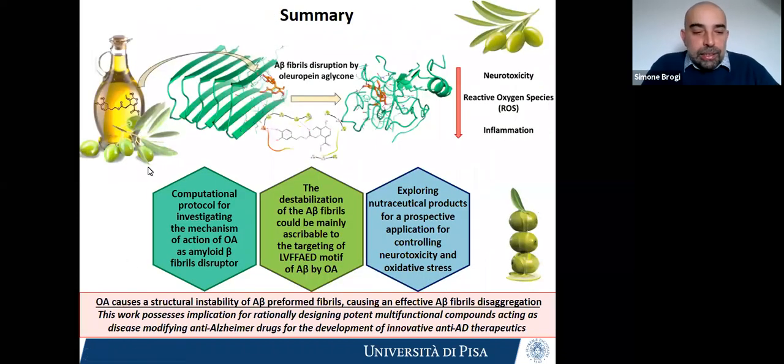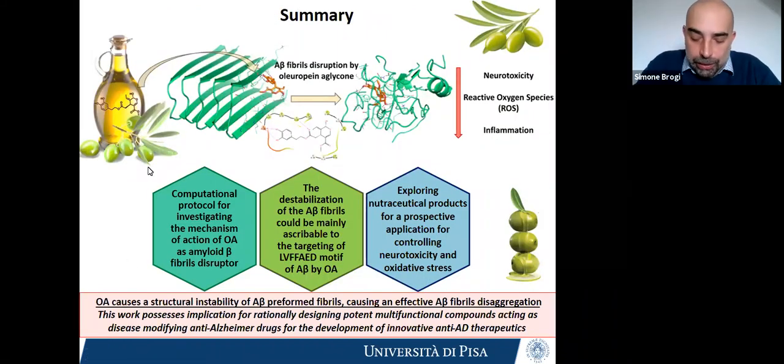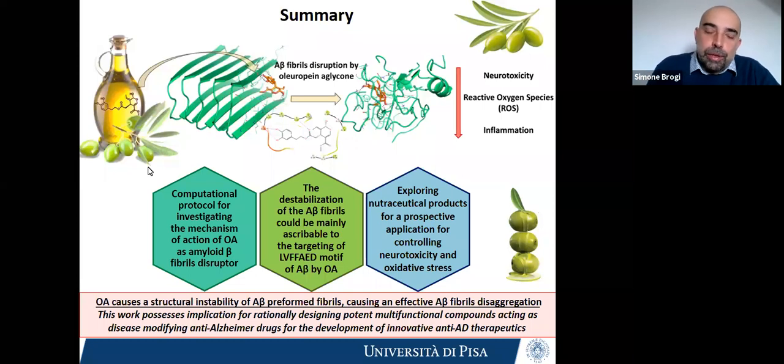In summary, we have presented the latest work in which we developed a computational protocol based on molecular docking and molecular dynamics simulation in order to elucidate the mechanism of action of oleuropein aglycone on amyloid beta fibrils.